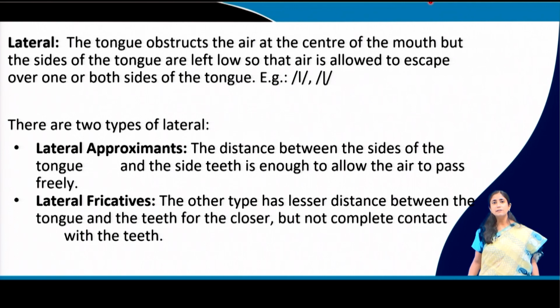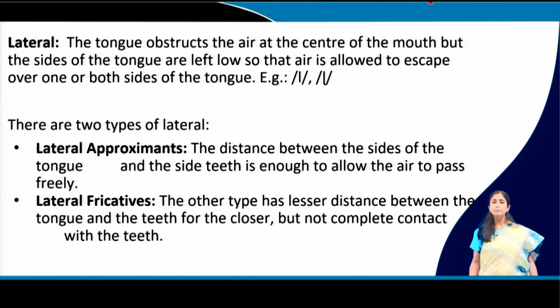In lateral approximants, more air comes out before the release of the exact sound, but in lateral fricatives less air comes out before the exact release. In both, the air comes out even though it is blocked by the articulators.